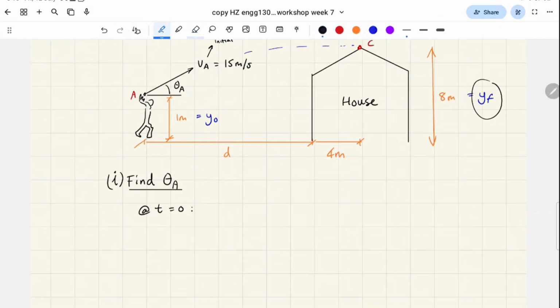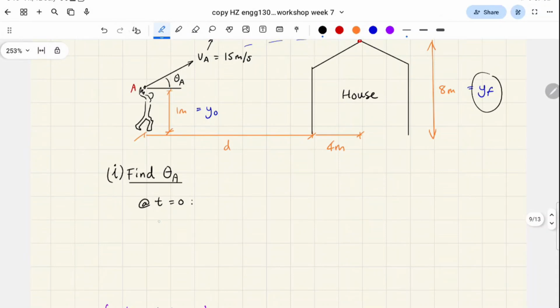The diagonal velocity vector, which I'm going to call Vx, is 15 cosine of our unknown.